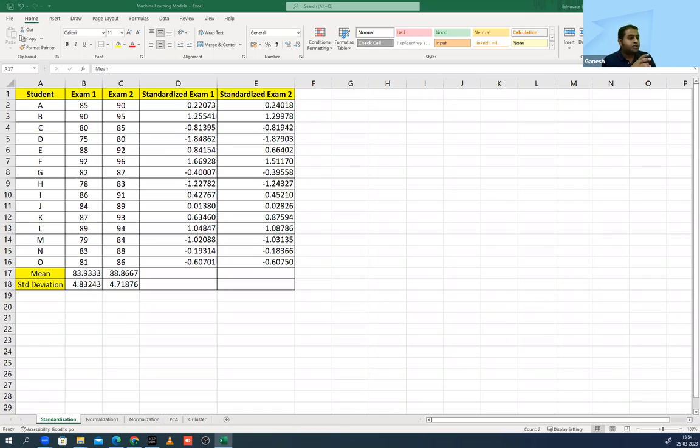Suppose there is one student who's given an exam with 100 total marks, 100 questions, 100 marks. There is one more student who was given a 200 marks exam. So when you look at the final score, you will not be able to compare, because one student has got 80 out of 100, the other student has got 60 out of 200, or it could be 90 out of 200. So by looking at only the number, you will not be able to understand. That's why we standardize and we create percentage. Right, in 10th also, you look at percentage ideally. Okay, that is what we are trying to do over here.